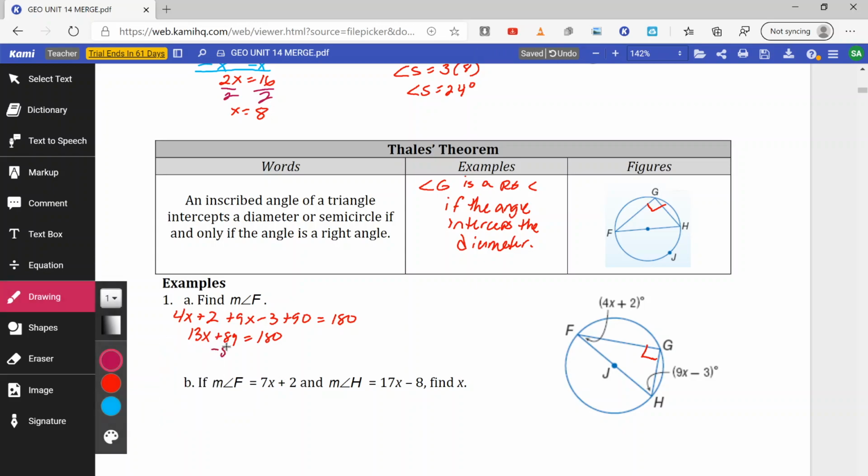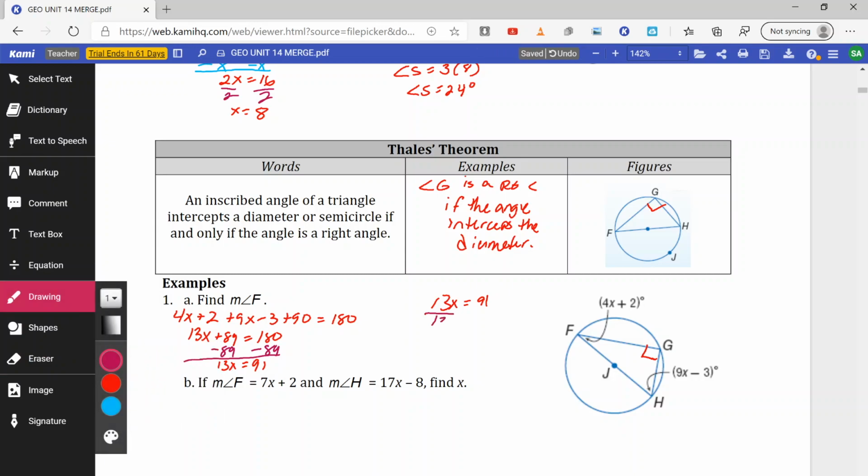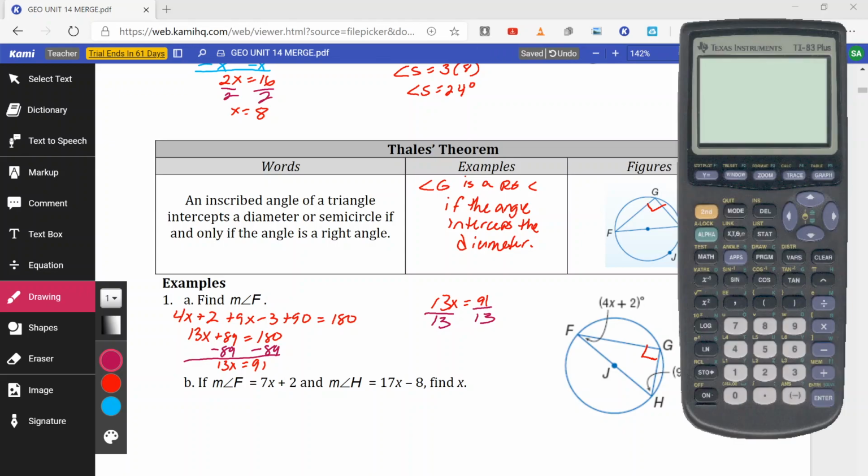I'll subtract 89. So we get 13x equals 91. I'll just divide by 13. And we get 7.